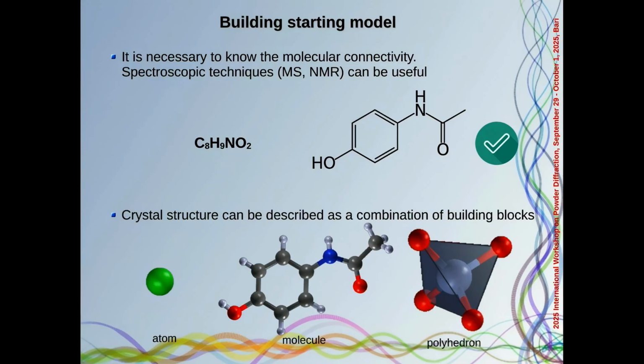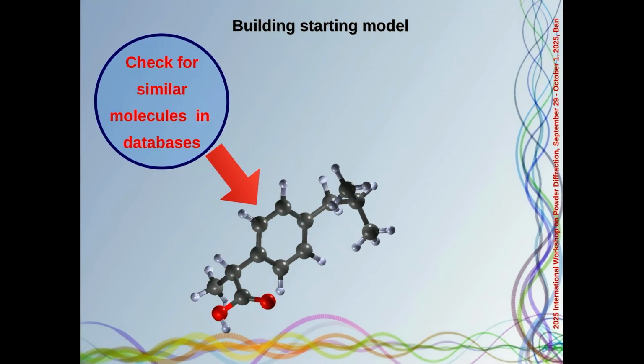Any crystal structure can be described as a combination of building blocks or scattering objects that could be isolated atoms, molecules, or more generally molecular fragments. In the case of non-molecular compounds, you can use coordination polyhedra. Essentially, there are two different methods that you can use to build your starting model.